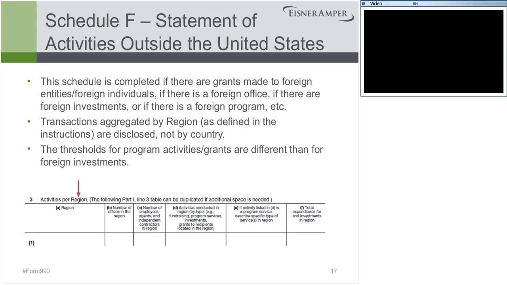A private foundation, as you probably know, has to do expenditure responsibility or an equivalency determination before making a foreign grant. Public charities are not subject to those strict rules. They don't have to do the same level of due diligence that the private foundation has to do.